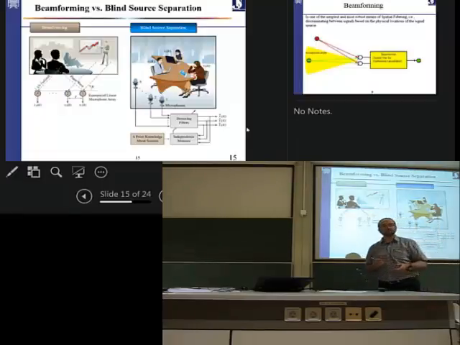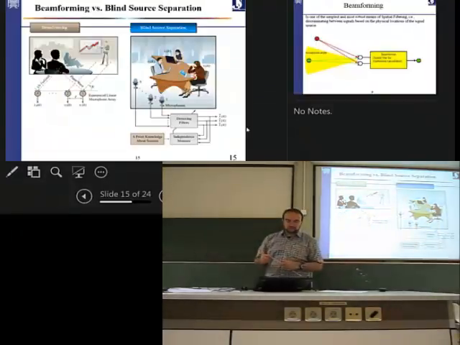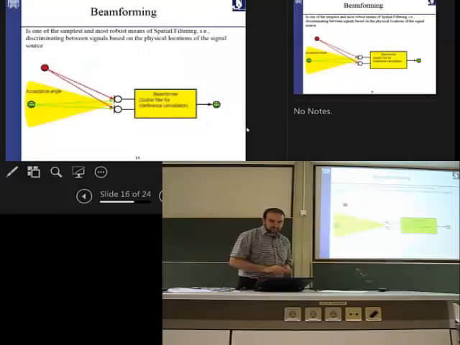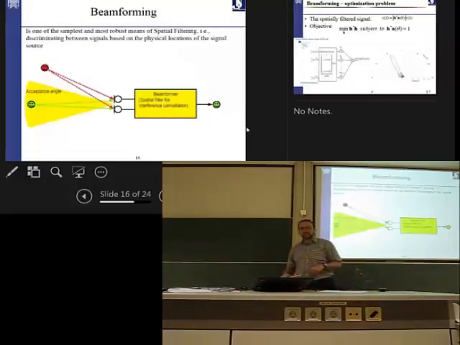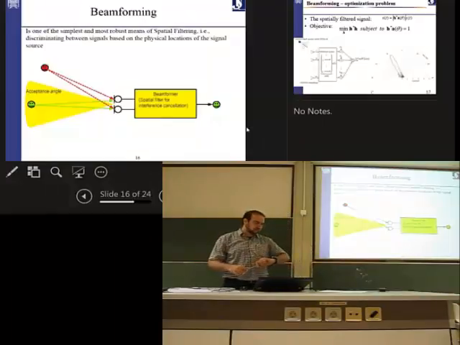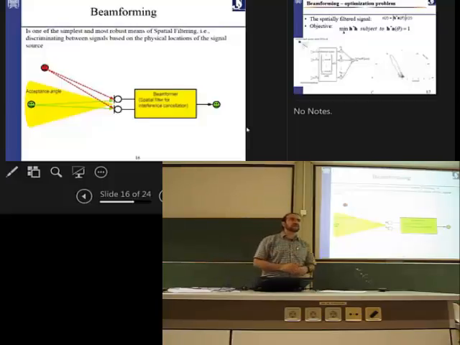Okay? So in the few slides remaining, I will cover the beamforming part, but the BSS will come after one of the lectures. I'll just briefly talk about ICA and some other methods. What is beamforming?